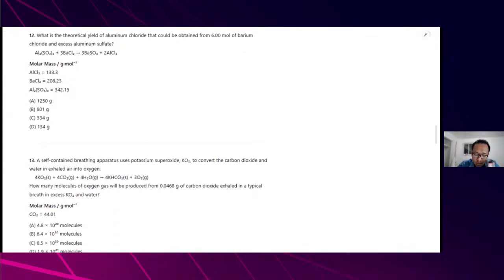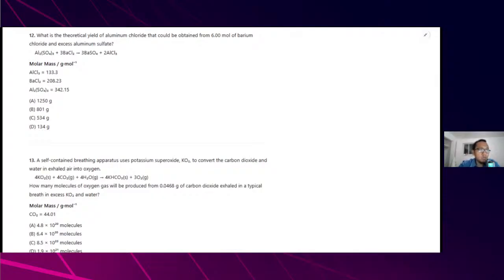Okay, now let's move on to another part, number 12. Let's take a look: what is the theoretical yield of aluminum chloride that could be obtained from 6 mol of barium chloride and excess aluminum sulfate?